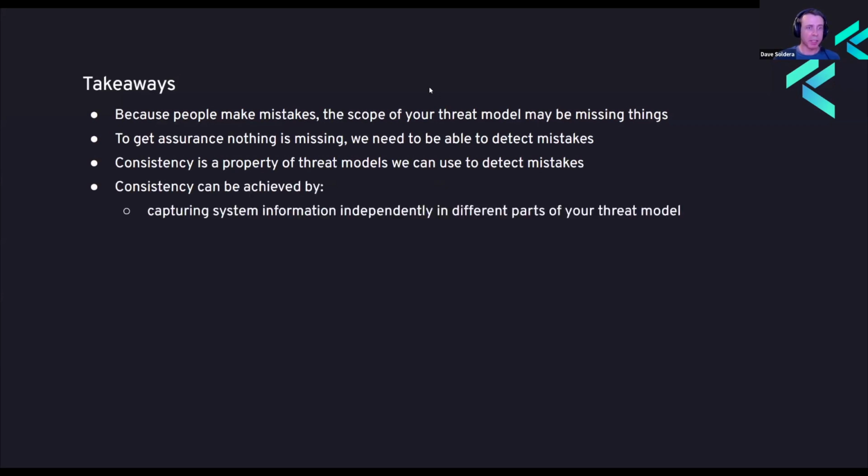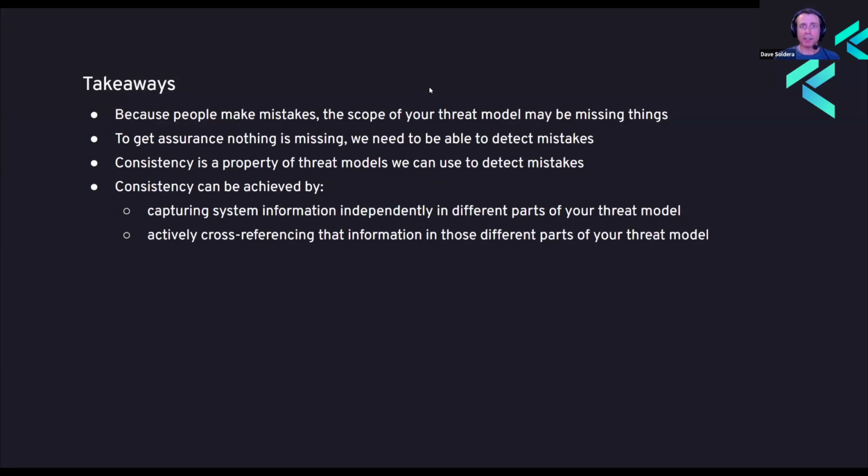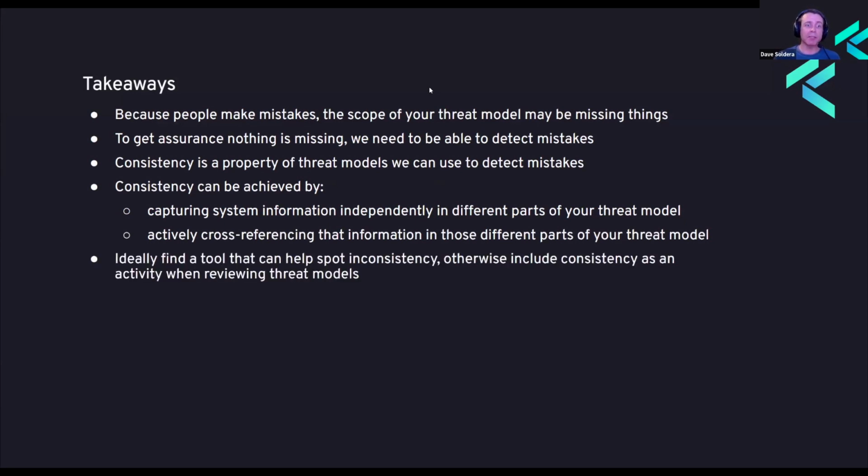And consistency can be achieved by capturing system information, components, assets, and other things independently in different parts of your threat model, and then actively cross-referencing that information in those different parts to see if you can find any inconsistencies. Ideally, you find a tool that helps you spot these sorts of things. Otherwise, you can include consistency checking as an activity when reviewing threat models.